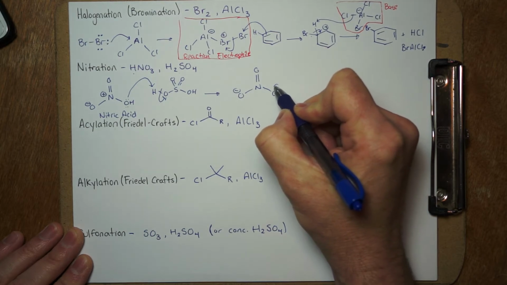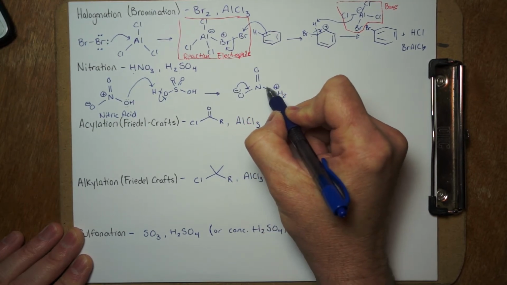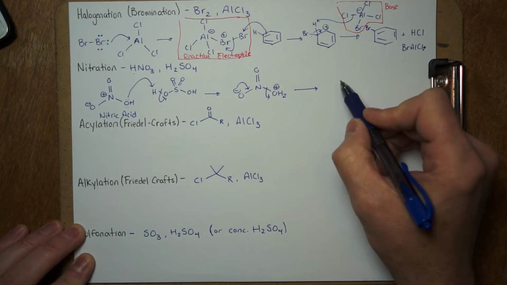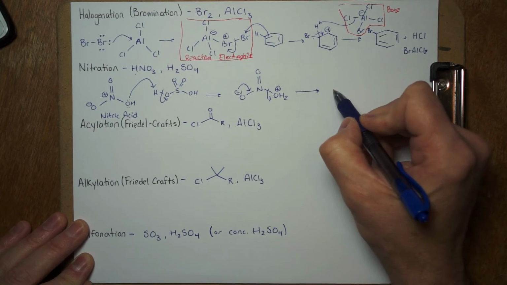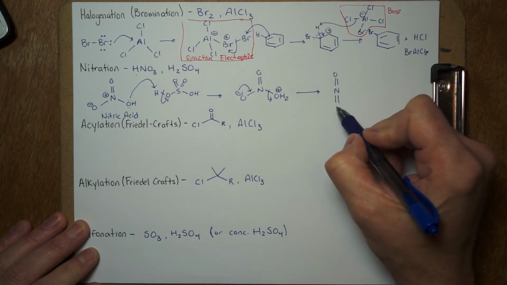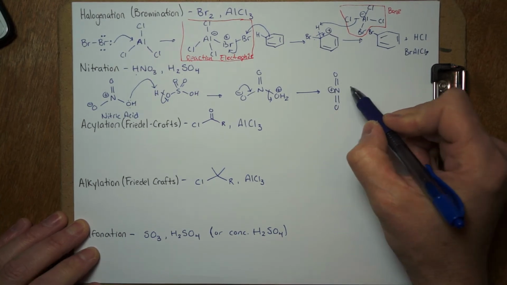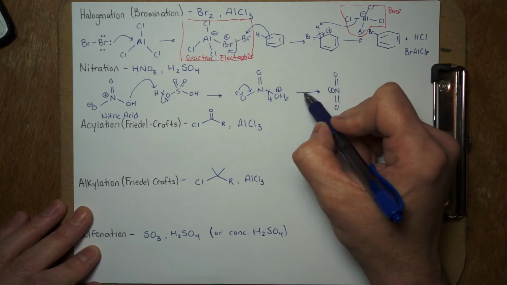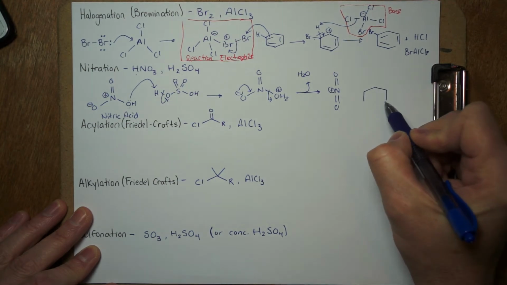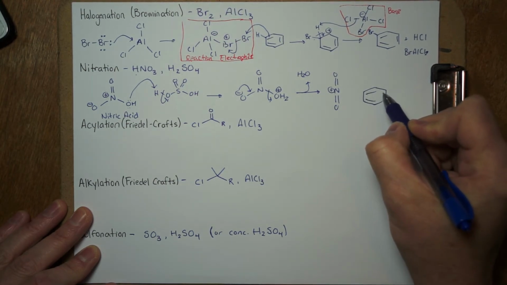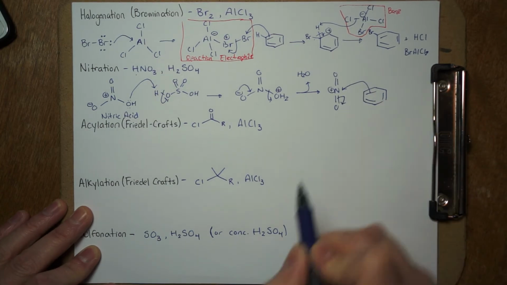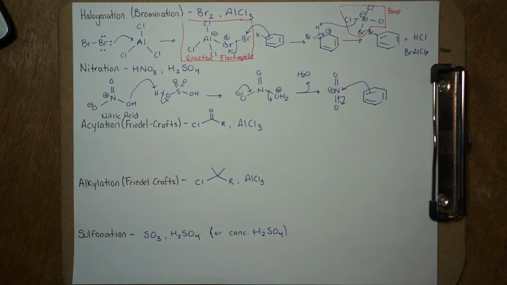And that forms a really good leaving group, which can get kicked out to give us what's called the nitronium ion, just NO2. All right, so when benzene reacts, it's going to react at nitrogen. Nitrogen will stay positive, and then the oxygen will get the negative charge.